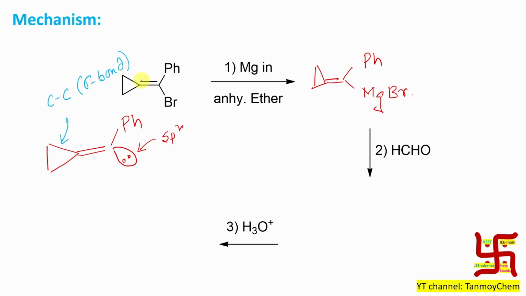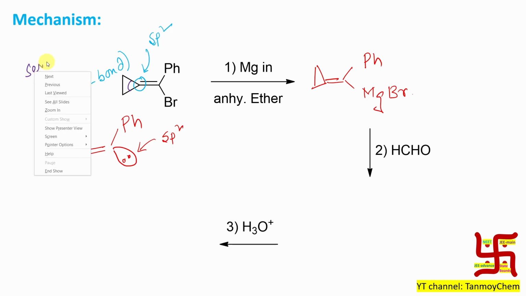Because look at the next carbon, this is sp2 hybridized. For sp2 hybridization the expected bond angle is 120 degrees. So what is the angle here? Nearly 60 degrees. So there is a very high, severe angle strain.